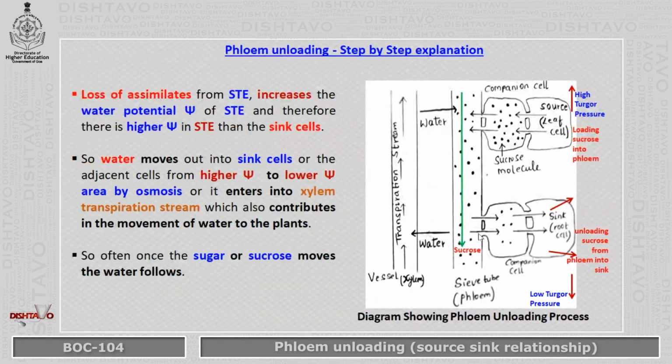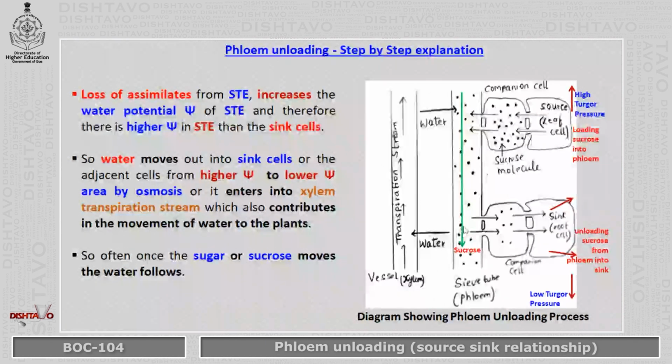The loss of assimilates from the sieve tube element increases the water potential of the sieve tube elements, and therefore there is higher water potential in the sieve tube element than in the sink cells.